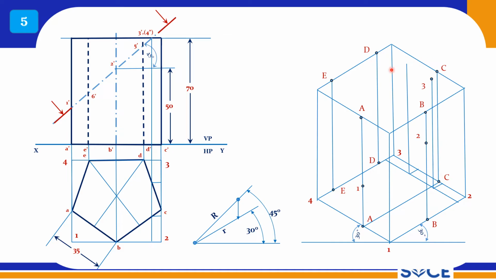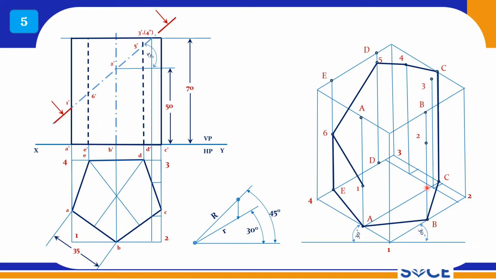Now connect the outermost points with thick lines: A to B, B to C, and C to D, D to 4, and 4 to 5, and 5 to 6, and 6 to E, E to A, and here these are the outer lines connected. Now you have obtained the skeleton, and you have to mark the inner points.